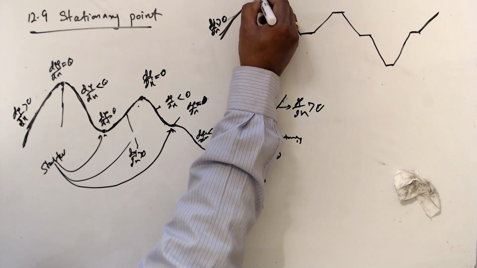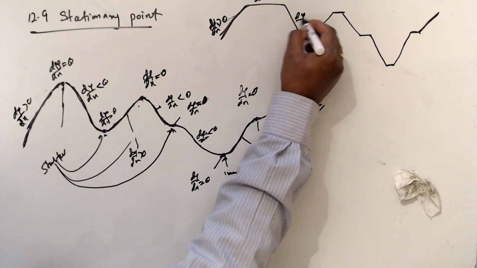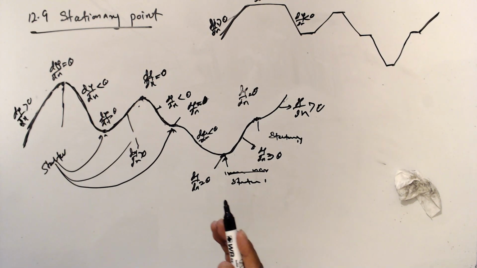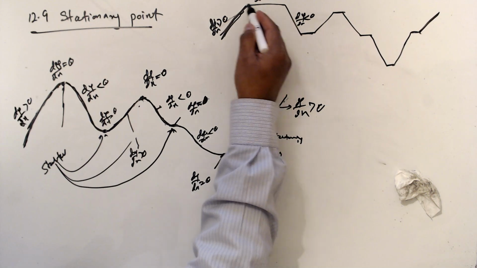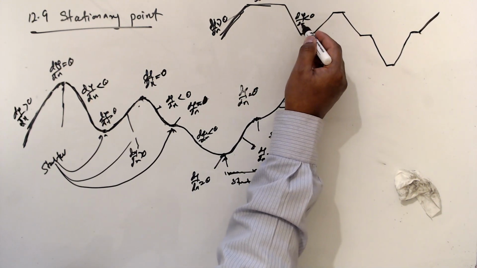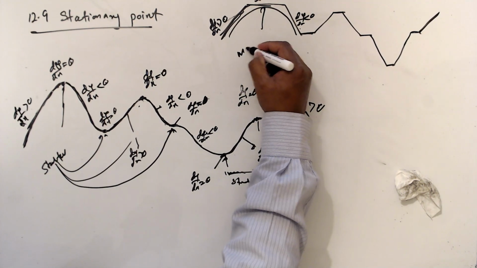This is dy/dx equals 0. Then dy/dx less than 0. If you see dy/dx greater than 0 and then equal to 0 and then less than 0, what is this called? Maximum.